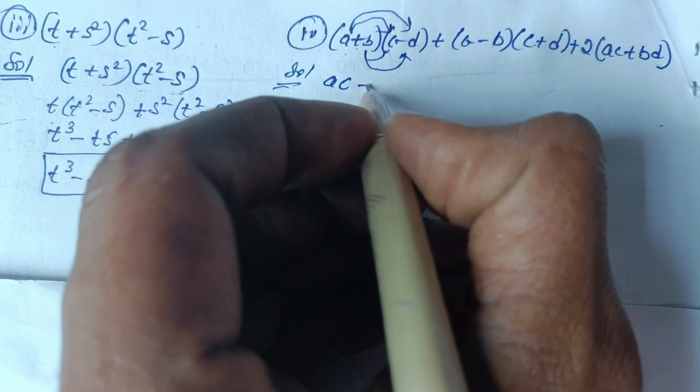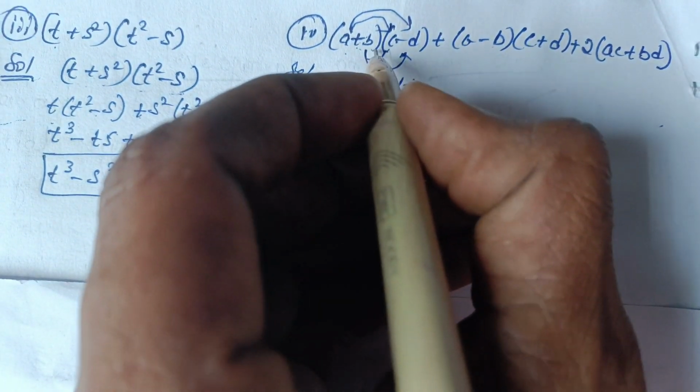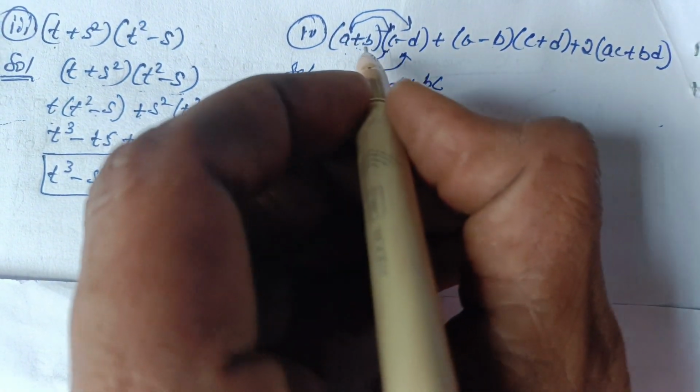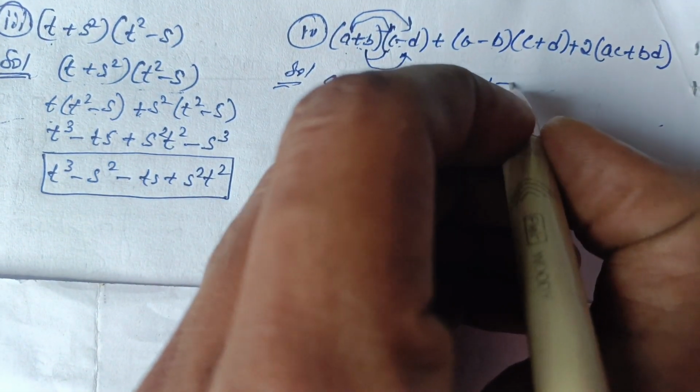then plus into minus is minus, a into d is ad, this plus sign as it is, b into c is bc, plus into minus is minus bd. So this part is done. Now plus sign as it is.